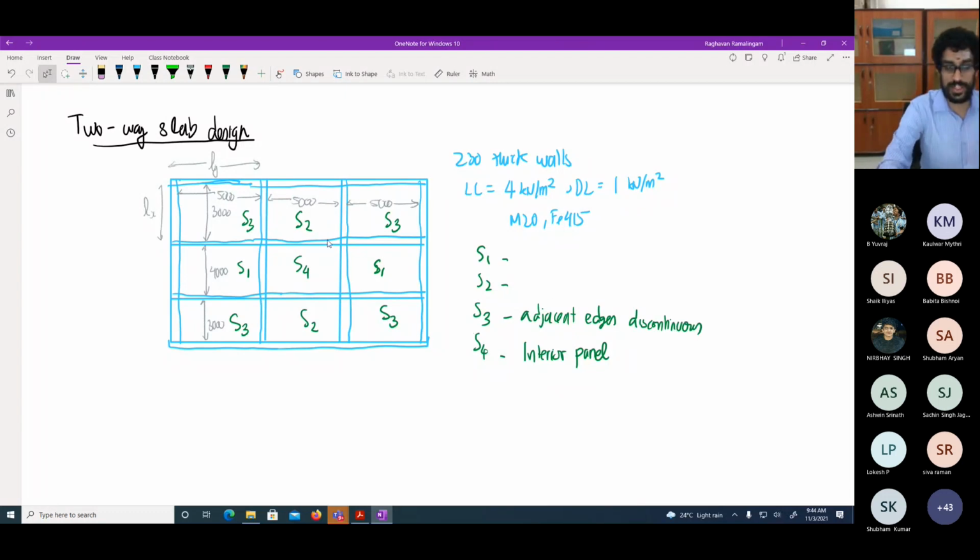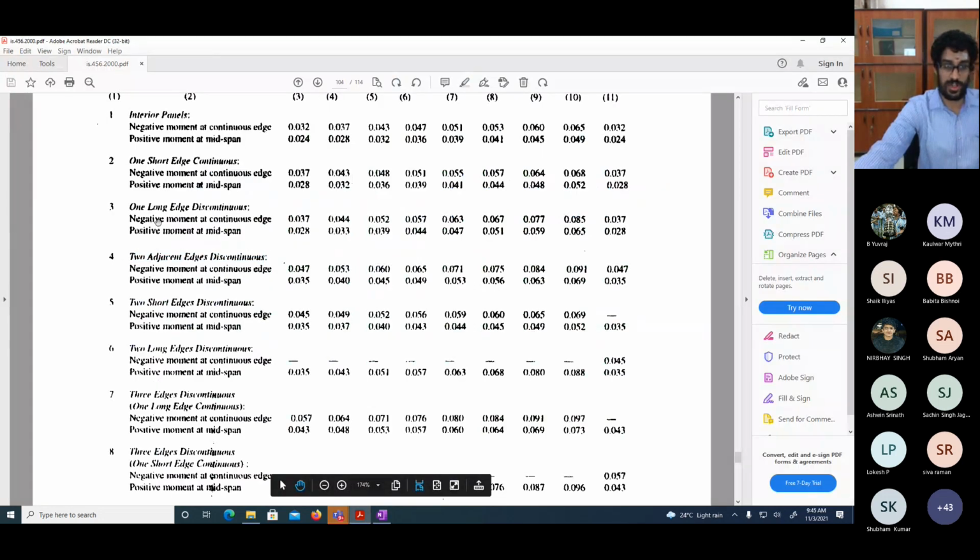How about S2? What type of boundary is S2? Let me go back to this. So S2, which one fits? Do you think one long edge discontinuous?